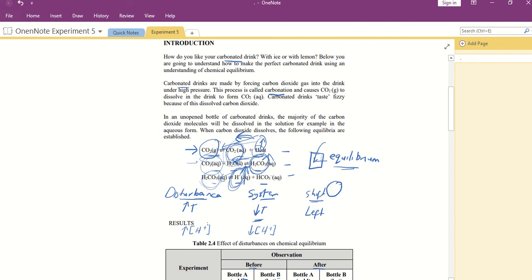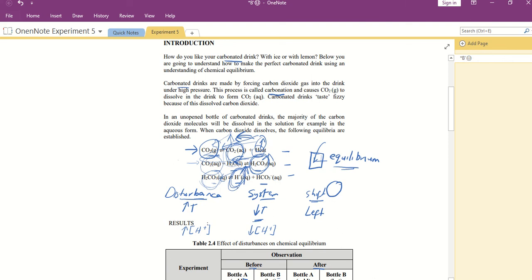In the second equation, we have shift to the left, forming CO2 in aqueous, meaning that the concentration of CO2 in aqueous is high. So for the first equation, when CO2 in aqueous is high, again we can have a shift to the left because this side is higher than the left hand side. It will shift to the left, forming CO2 in gas.